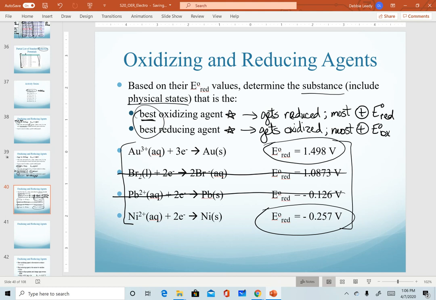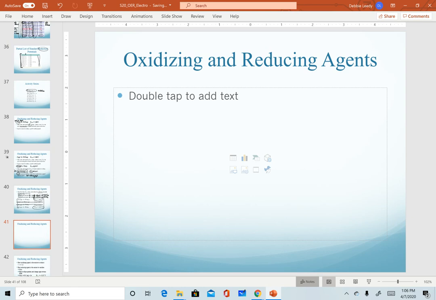So again, going to our next slide, I'm going to write down that information. So we had gold ion reduced down to solid gold. And that one had a reduction potential of 1.498 volts.